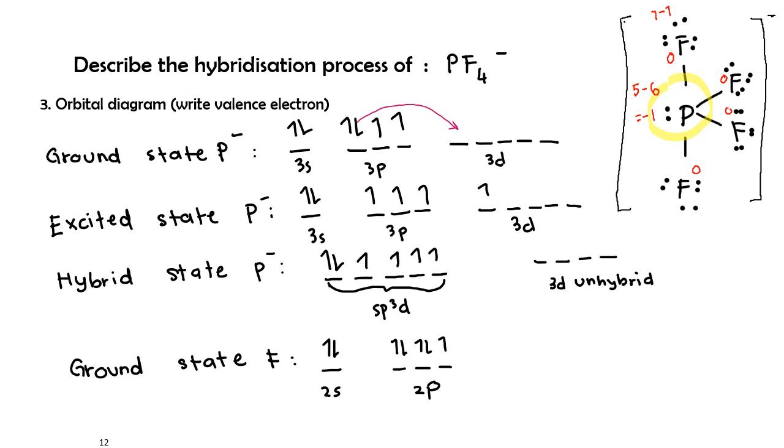And then for phosphorus, actually you have 5 valence electrons. But for this case P minus, you have 6 valence electrons. And when you write it, it will be 3s2, 3p4. So, referring to the Lewis structure, phosphorus has 4 sigma bonds and 1 lone pair. So, one of the electrons here will be excited into the empty 3d orbital.